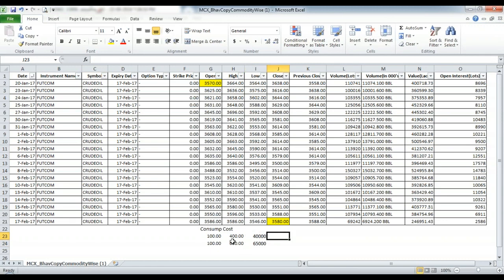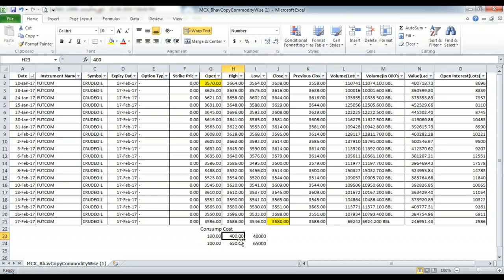Whatever their consumption is, and as much as they want to hedge, they will create a futures contract and sell it in the market, irrespective of the price. If the current price is 400 rupees, they will sell at 400 rupees. Their consumption is 100, so they will sell at 400.